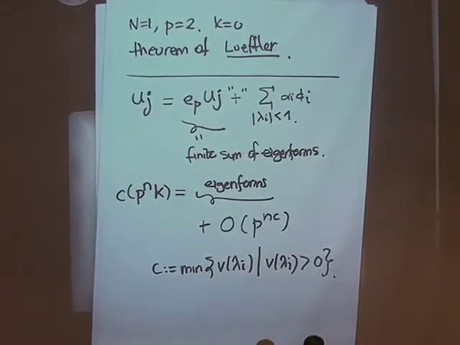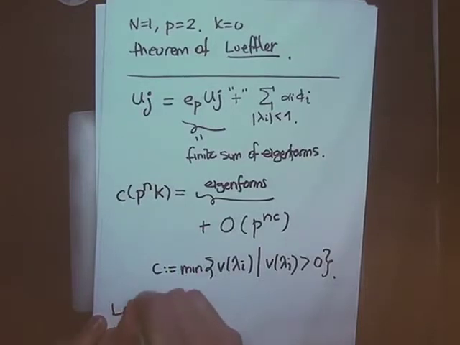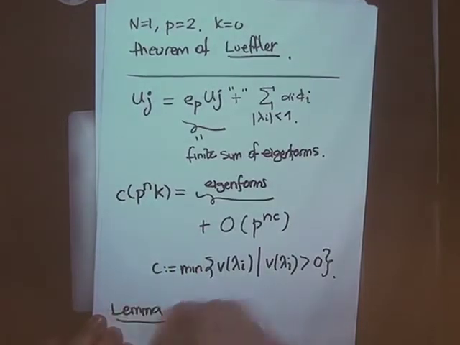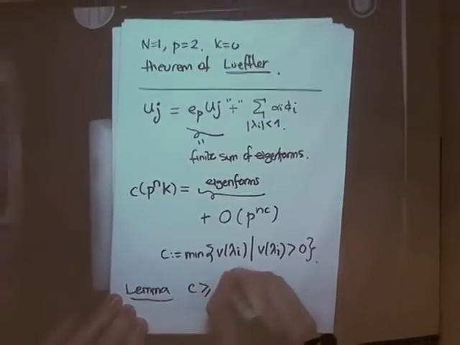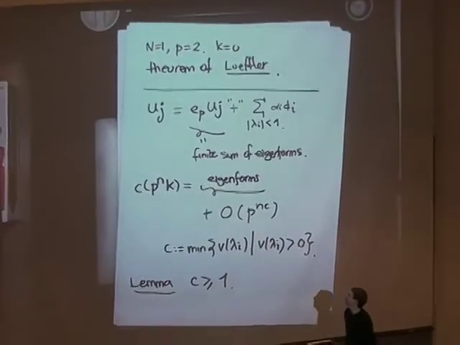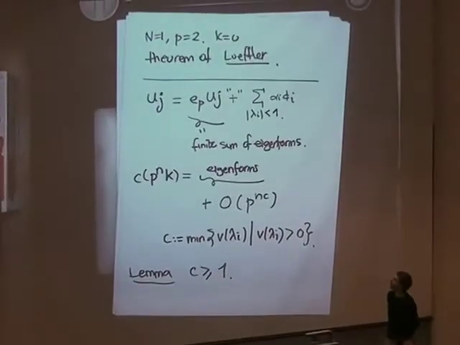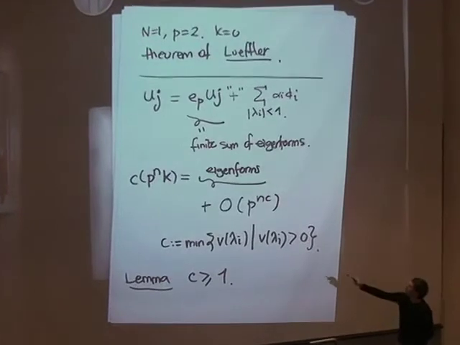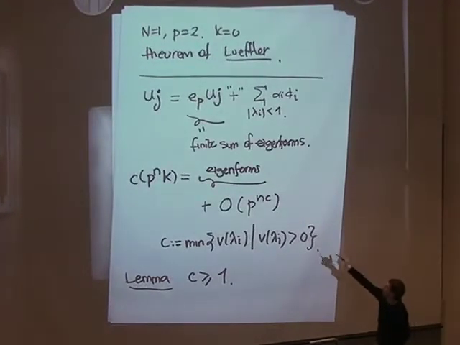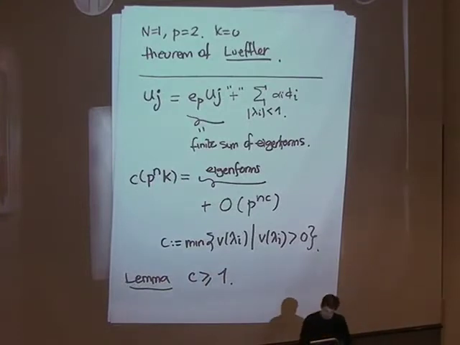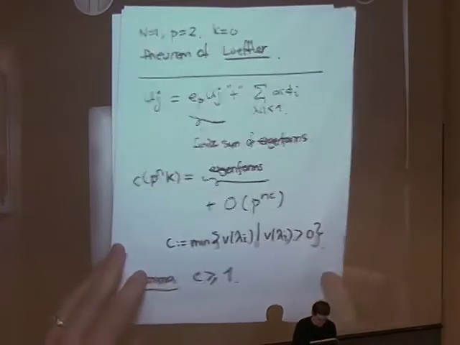So I want to prove the following lemma: that actually c is at least 1. So in fact, for all n, for all primes, you get a congruence for these coefficients of j as a finite number of eigenforms modulo something really of size p^n.